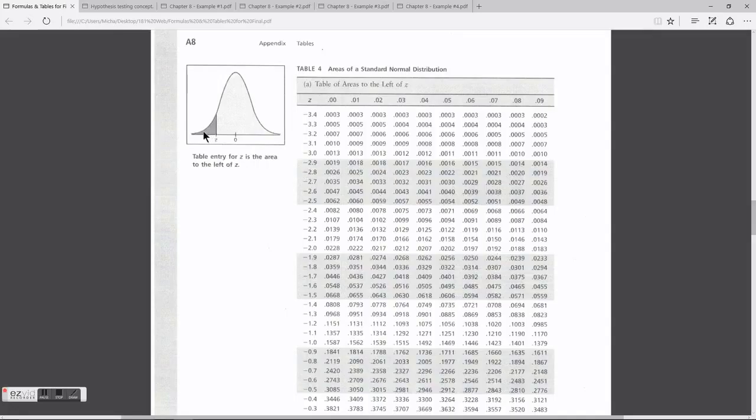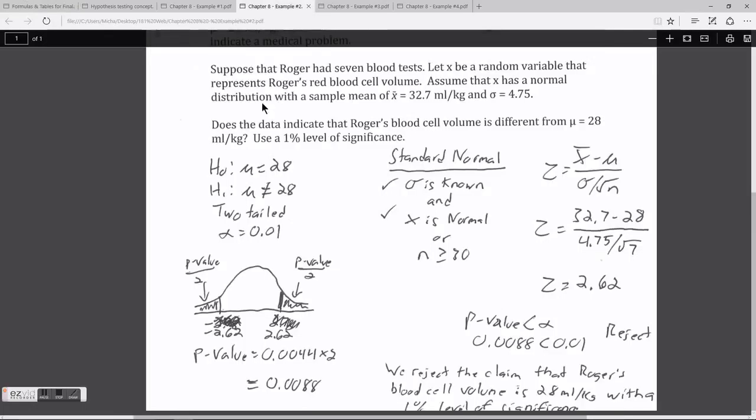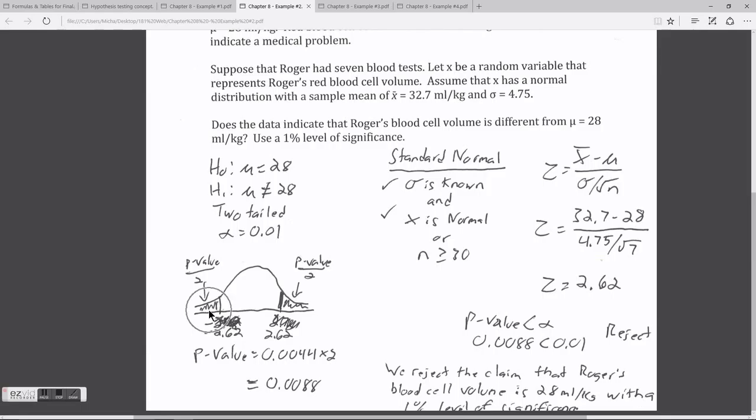That's going to be the area to the left of negative 2.62. That's going to be this area right here. But what I'm going to do is that since the curve is symmetrical, I can just double that value, multiply it by 2, to get my actual p-value for the test.